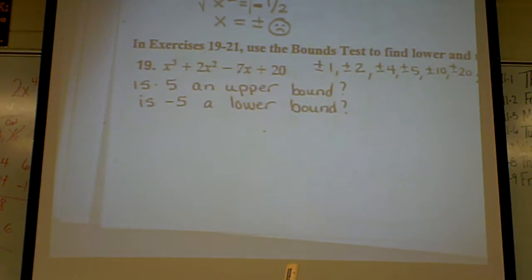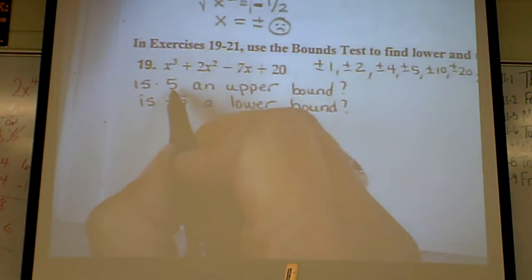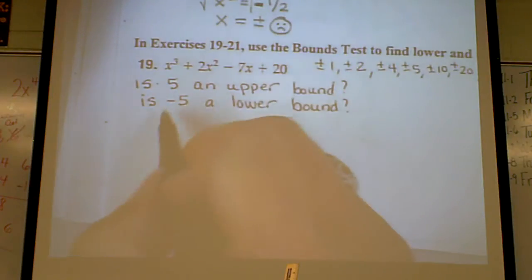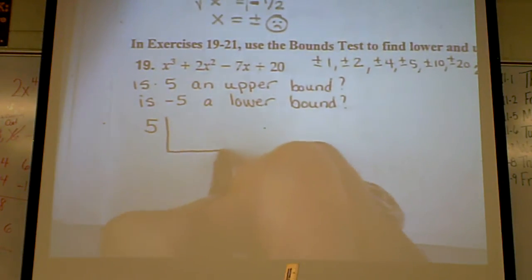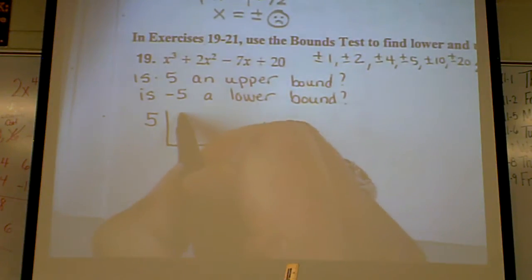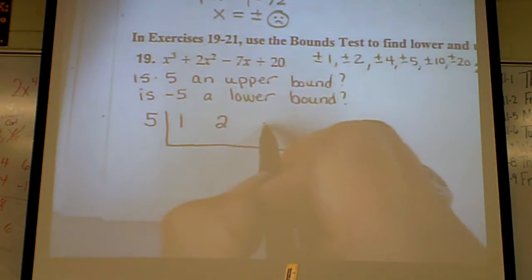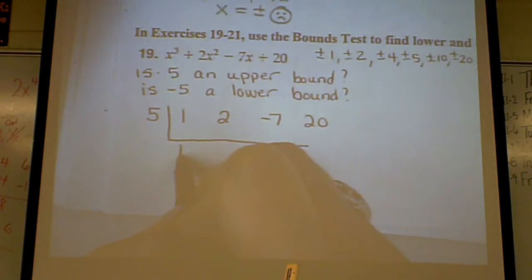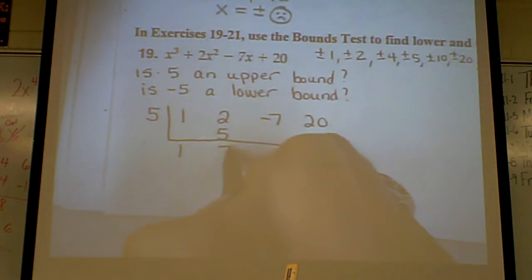Okay, so what do I do? If I asked you this first question, A, is 5 an upper bound? What are you going to do? Tell me what to do. 5 in that box. Put a 5, and then what? 1, 2, negative 7, 20. Bring down the 1, times 5 would be 5, 7.